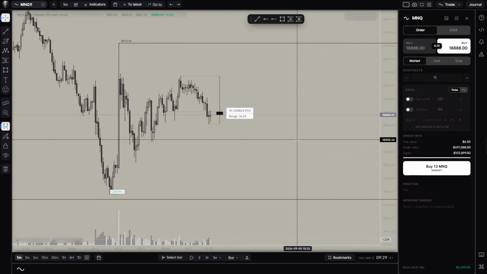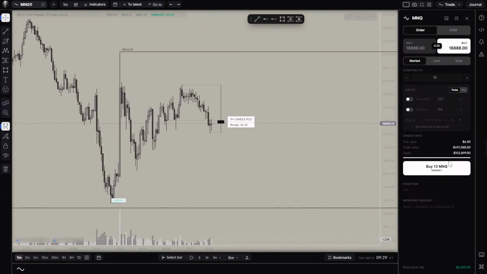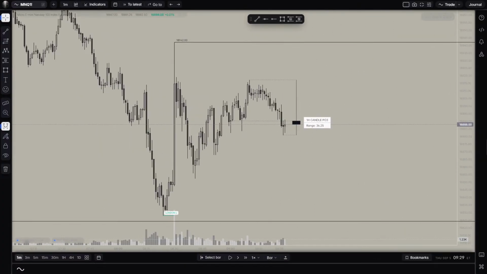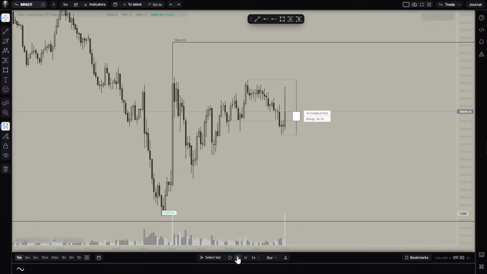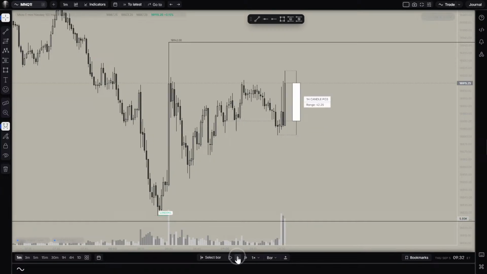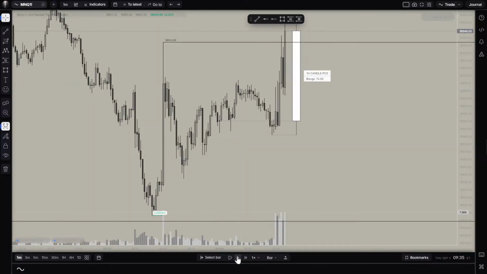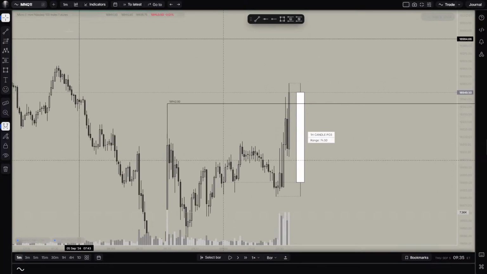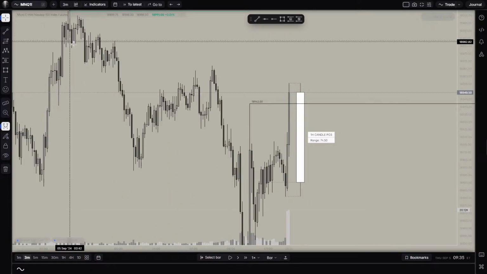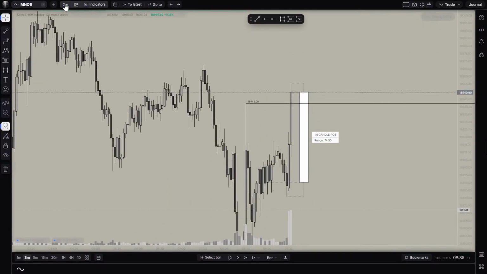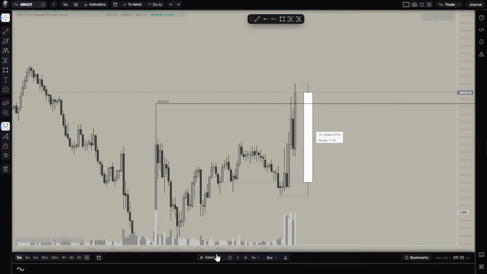So let's see how price behaves. Okay, we take the data highs. Okay, we'll leave a 3 minute. Let's see.